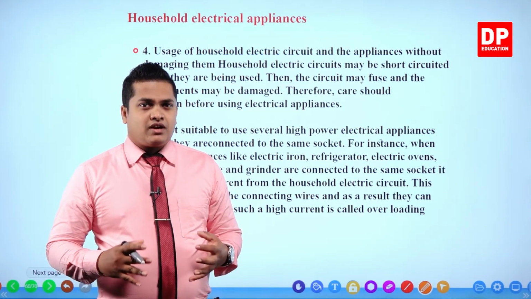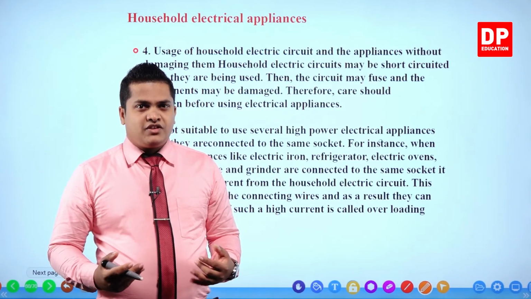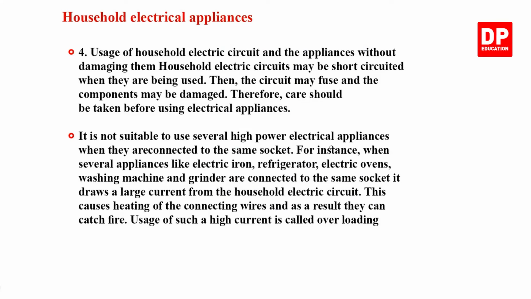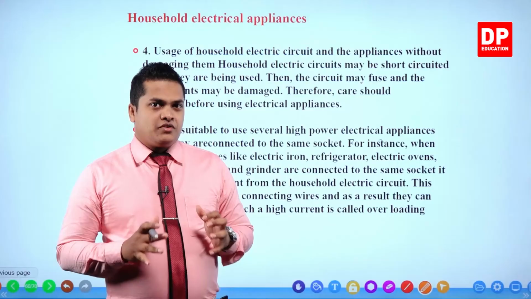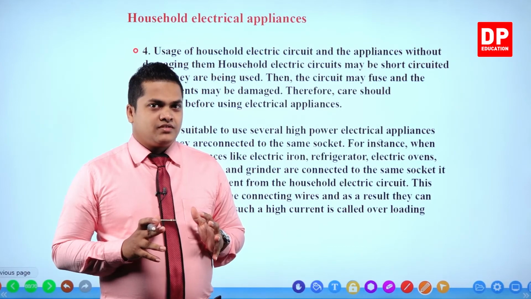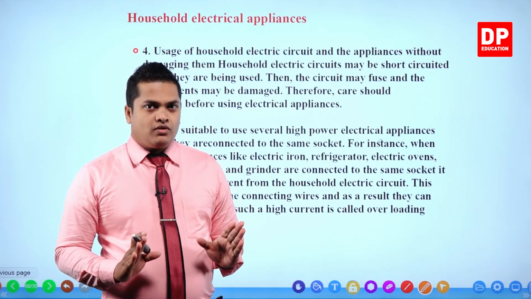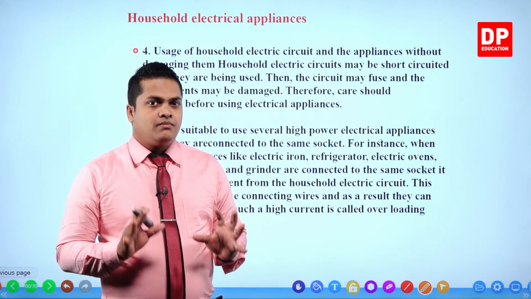Rice cooker around 700 watt, refrigerator around 600 to 700 watt, and the air conditioners. When using those types of electrical instruments like hot plates and refrigerators, right? Don't plug all of these things into one single plug pin.